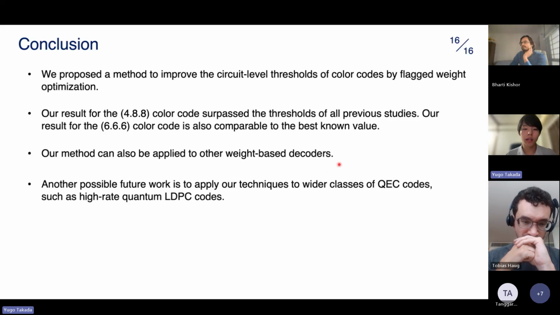Another possible future work is to apply our techniques to wider classes of QEC codes, such as high-rate quantum LDPC codes, because high-rate quantum LDPC codes sometimes have high-weight stabilizer generators. So I believe that my method can be used in this case.